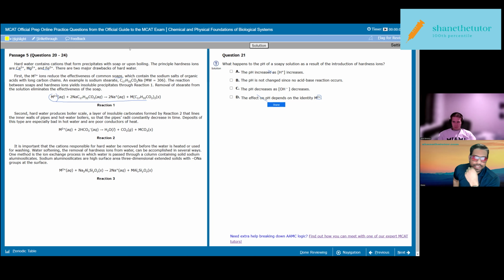So now either it doesn't change or it decreases as OH minus decreases. If OH minus decreases, H plus increases, and pH decreases. So B and C are both internally consistent, but now, introduction of hardness ions.